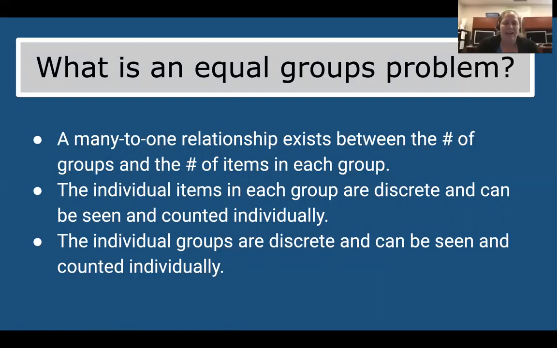So if you had three packs of gum with 4 pieces in each, you could actually pull out those gum and count them and look at them individually. And then the groups are also discrete. You've got packs, you can see those, you can count them, and they're separate entities. And so those 3 things make up your equal groups problems.